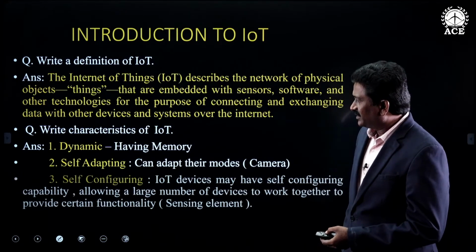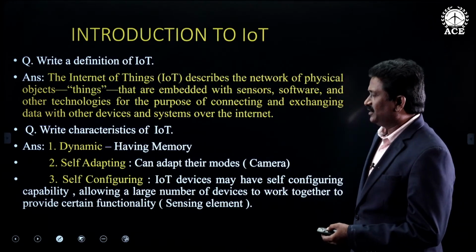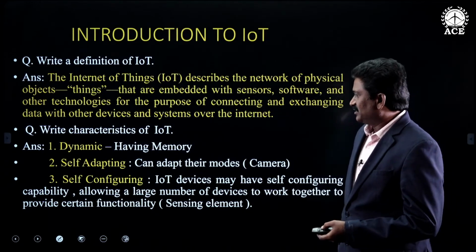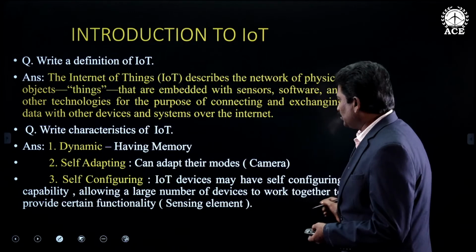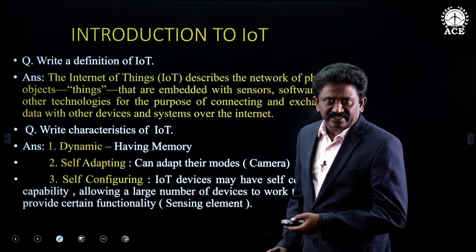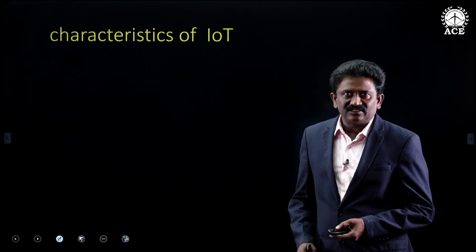Third one, self-configuring. With the help of IoT devices, you connect a large number of devices that work together to provide some functionality, that means a sensing element. A sensing element means you collect data from the outside.